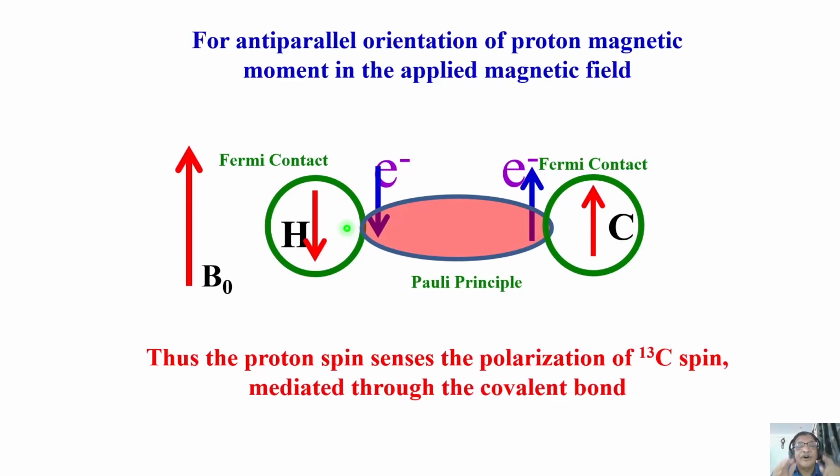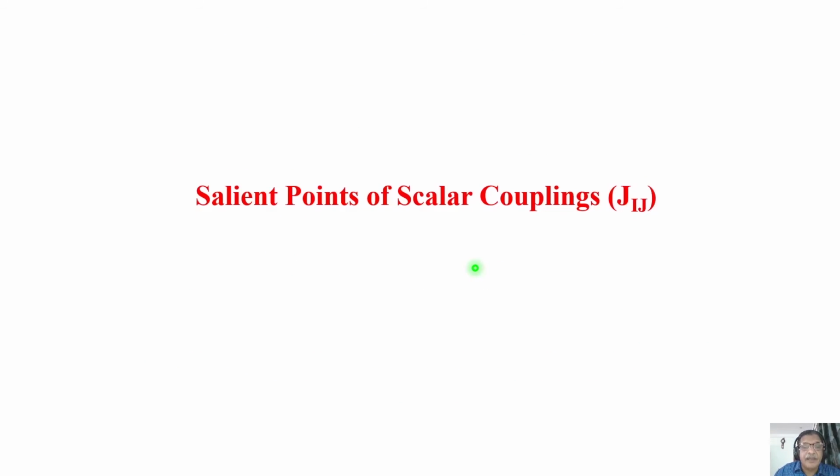And this is what is called scalar coupling, an interaction between two magnetic nuclei which are NMR active through covalent bond. This is called spin coupling or J coupling or covalent bond mediated coupling. All these are terminologies. Please remember, this is called covalent bond mediated J coupling.